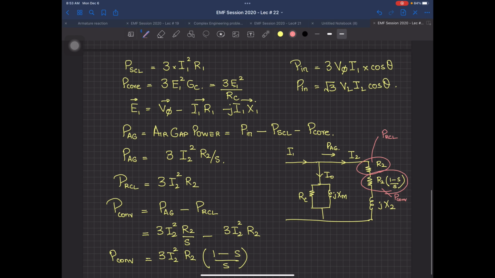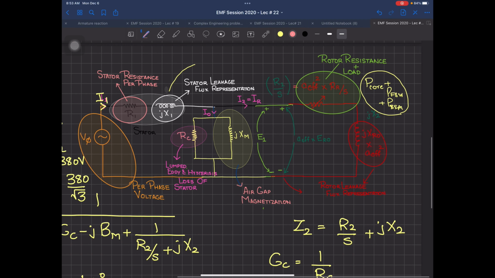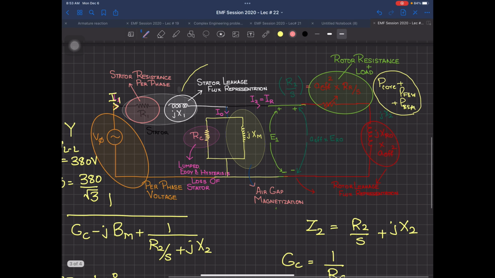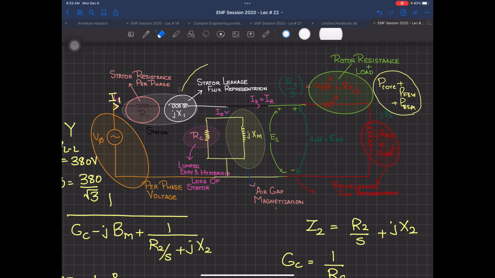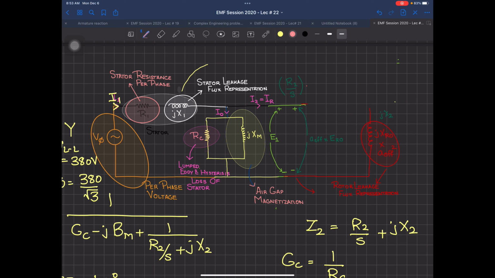So in this equivalent circuit which we have done in the previous class, what we are doing now is converting this R2 by S. I'm taking something off of this one, so I have now this resistance one and a second resistance over here.